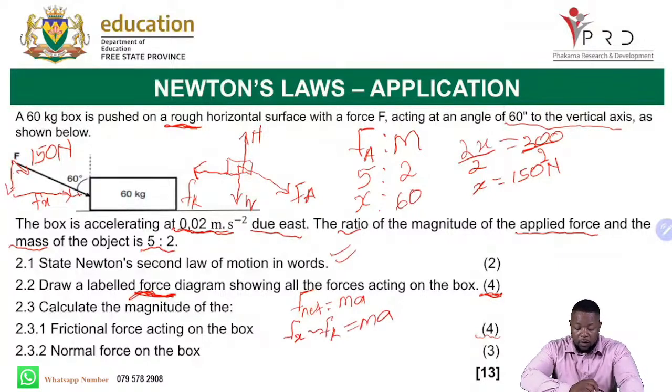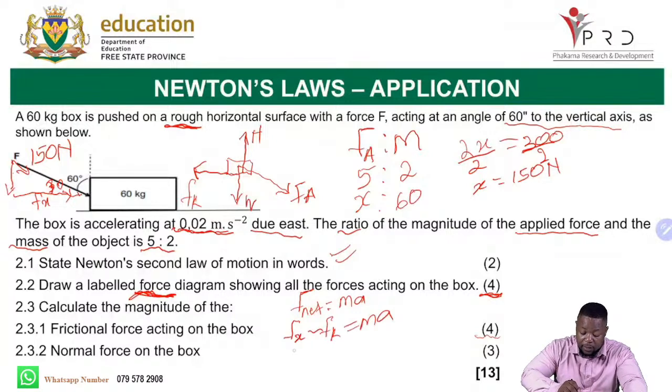Now, we see that the 60 degrees is acting to the vertical, so we might want to use that, or one might also want to use 30 degrees. Remember, for vertical and horizontal, the angle should be 90 degrees, so 90 degrees minus 60 gives us 30 degrees.